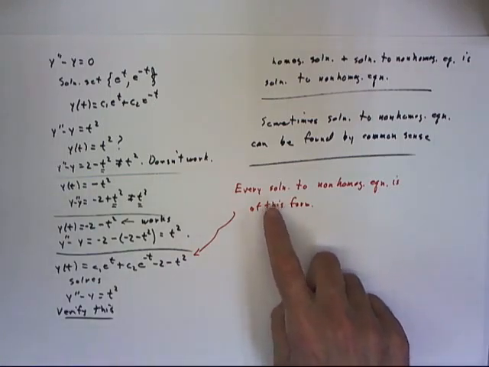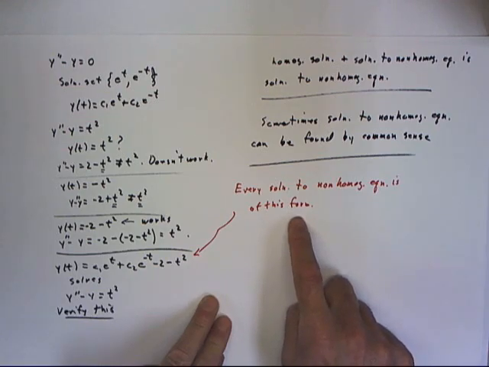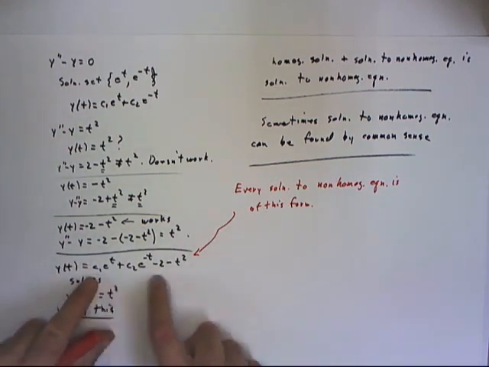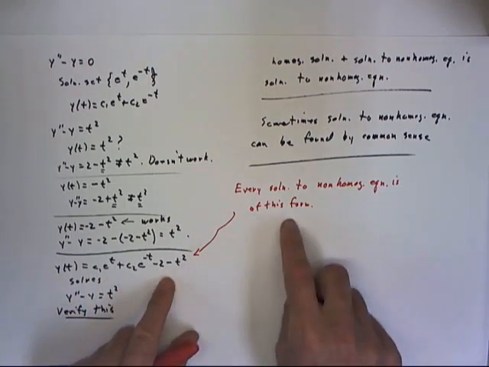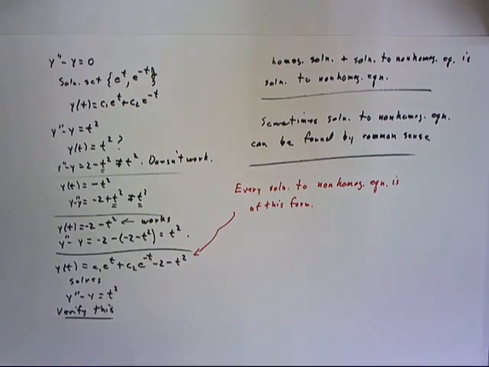So as not to hold you up while I write this down, I can say that every solution to this particular non-homogeneous equation has to be of this form. Now we haven't proved that. We'll see to an extent why this is so. And there's more.